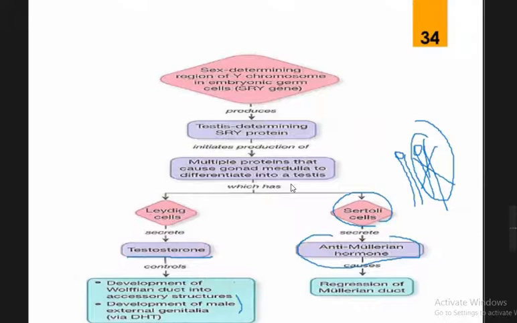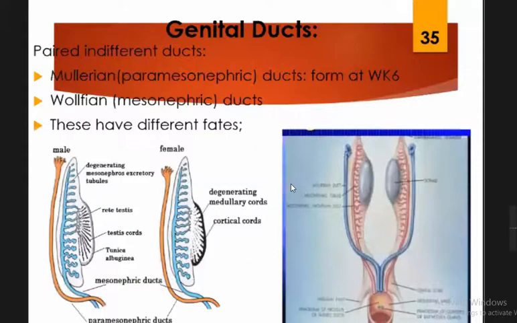And this will take us now to the genital ducts. And we've already talked about presence of the two ducts, the Müllerian duct system and the Wolffian duct system. So these duct systems at an indifferent stage will appear in this manner.